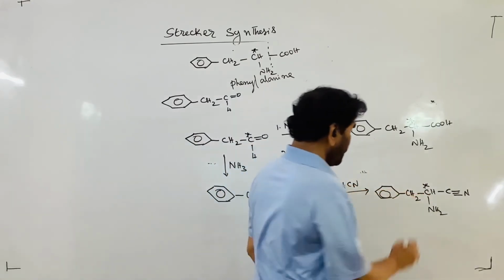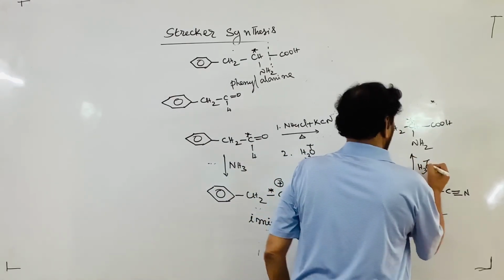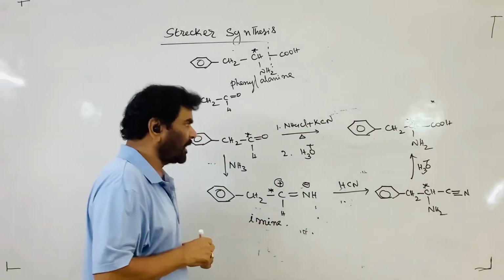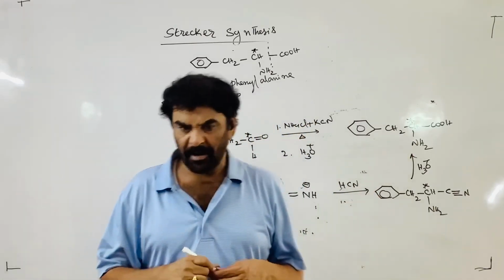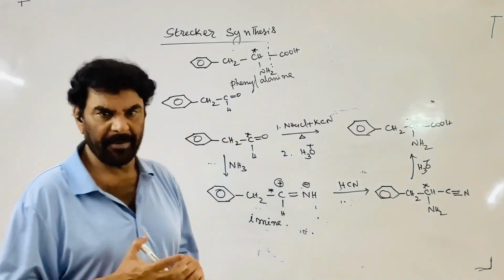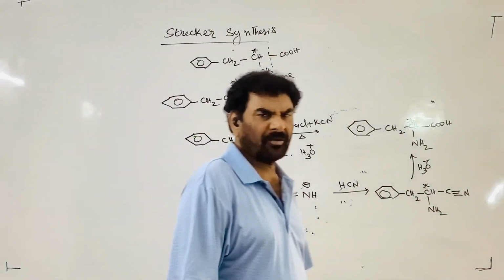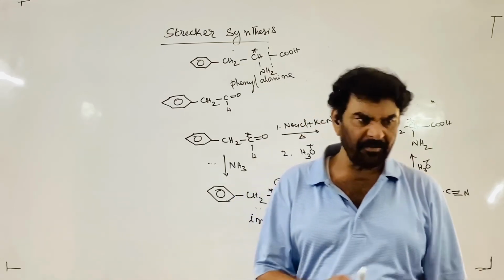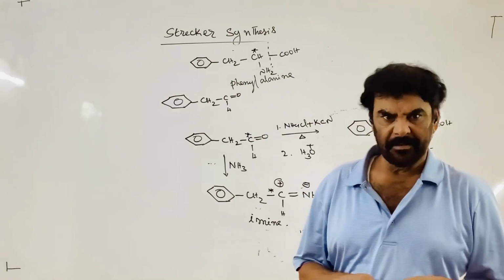This is formed. Now this on hydrolysis gives 2-amino 3-phenyl propanoic acid, which is known as phenylalanine, an important alpha amino acid involved in the formation of proteins. So this is one of the procedures for the preparation of alpha amino carboxylic acids. Thank you.